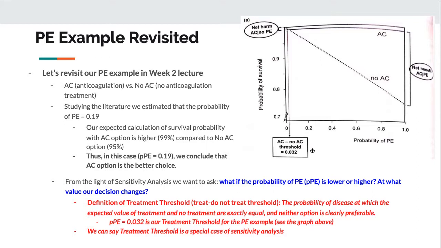In this case, either treatment makes no difference. With that said, when the probability of PE is less than 0.032, the no AC treatment scheme is preferred, whereas when the probability of PE is greater than 0.032, the AC scheme is preferred. In this sense, we can say that treatment threshold analysis is a special kind of sensitivity analysis.